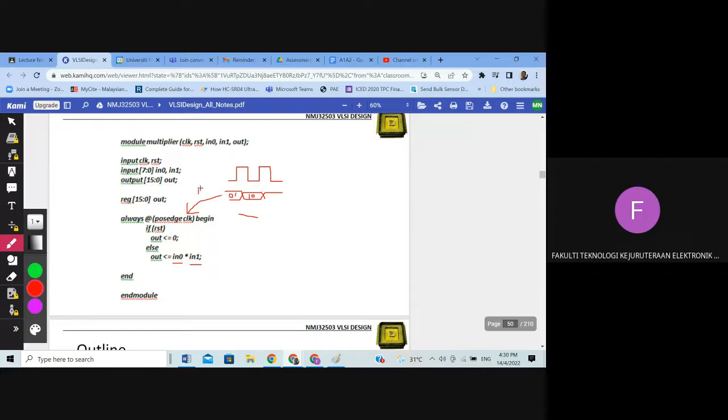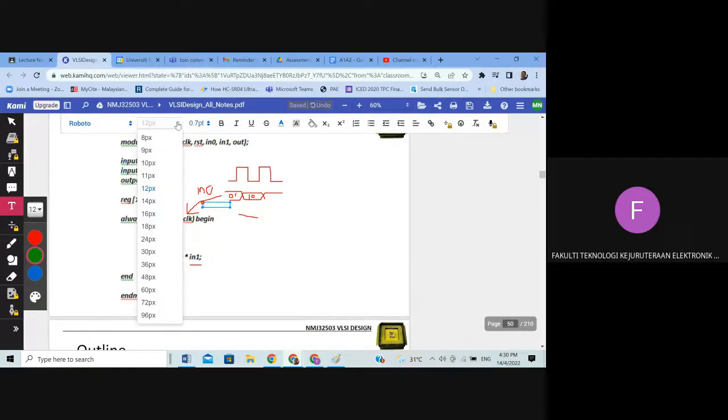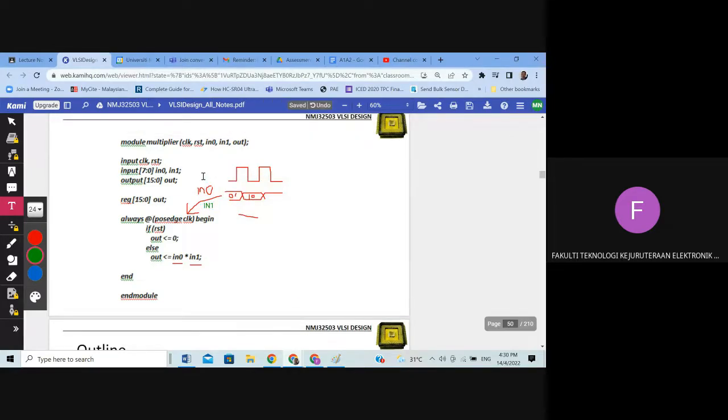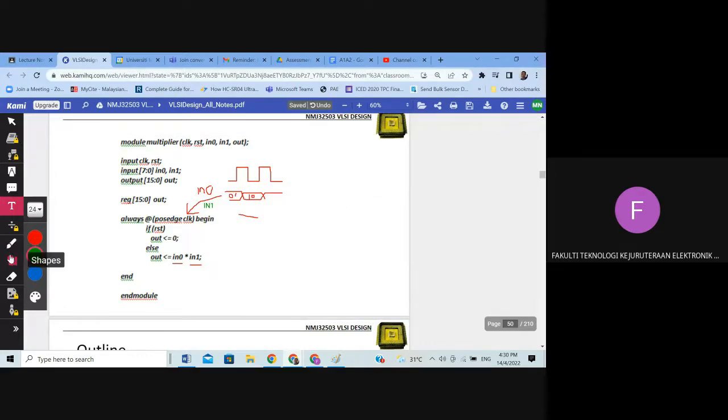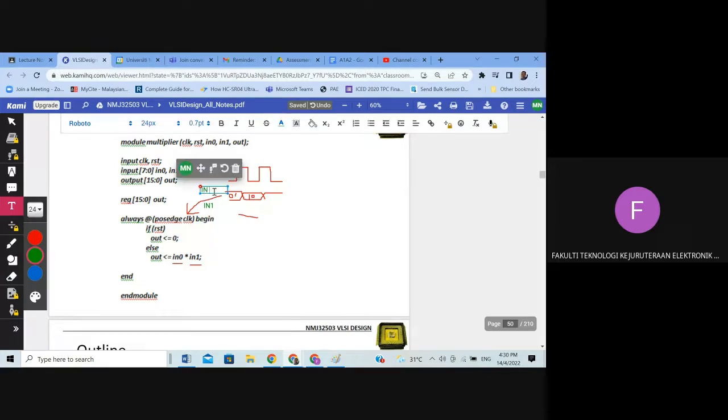Then we have another input, input 1, and here we have the clock.